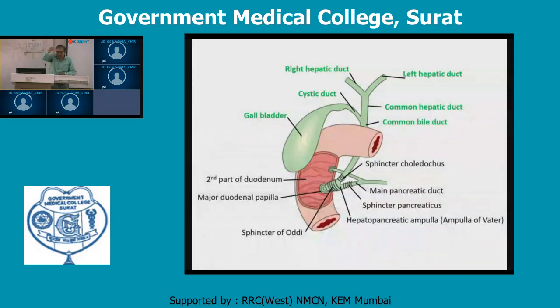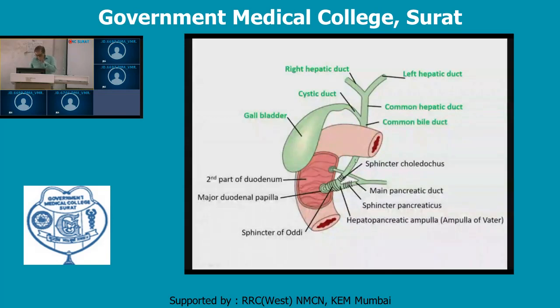So basically the CBD has three descriptive parts. First is the supraduodenal part, above the level of the first part of the duodenum. Next is the retroduodenal part, and the lowermost is the infraduodenal part, which is located below the level of the first part of the duodenum.